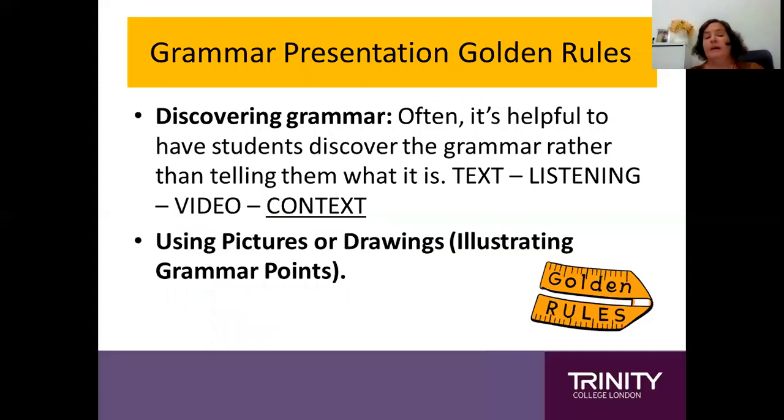So we've seen a couple of the golden rules when it comes to presenting vocabulary, and we are going to move on to the presentation of grammar. And we will also be exploring a couple of golden rules that we need to bear in mind. I call them golden rules because they work in face-to-face lessons, and they must also work in these remote tasks.